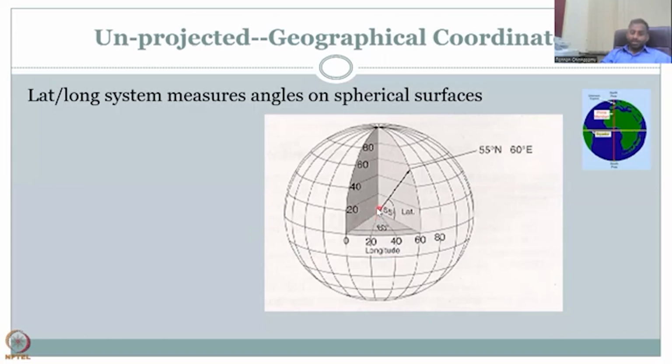So if you take a center, both have centers, right? In a vertical also you'll have a center, and in a horizontal also you have a center. So let's take from here, and it is the 0, and from the 0 it goes 55 degrees. So that is lat. So every line is being cut.